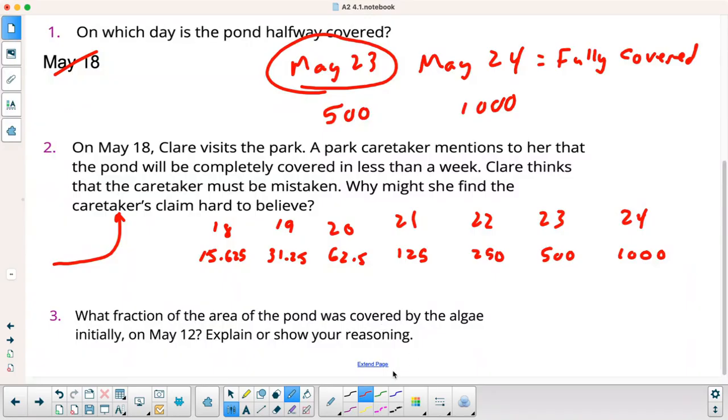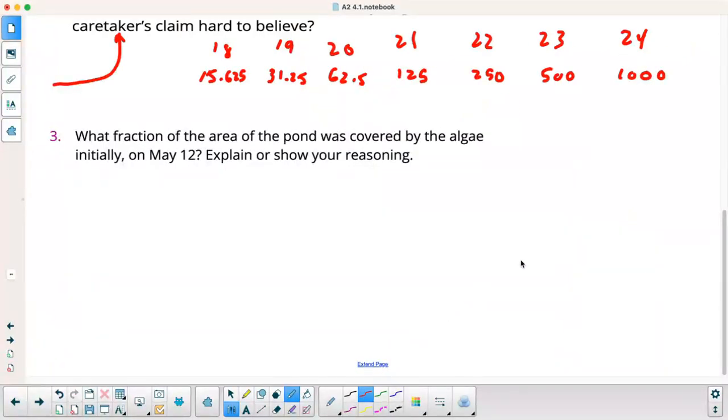Okay, so this one's a little tricky. If you wanted to, you could keep going like we did with this example. If you want to keep going back until you get to May 12th, and then take that number, divide by 1,000, that would work.